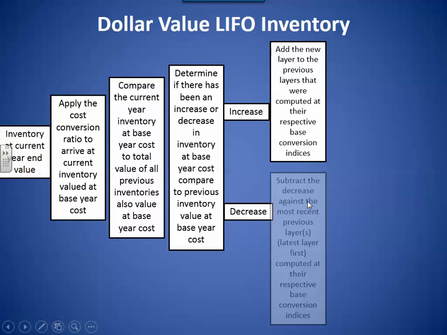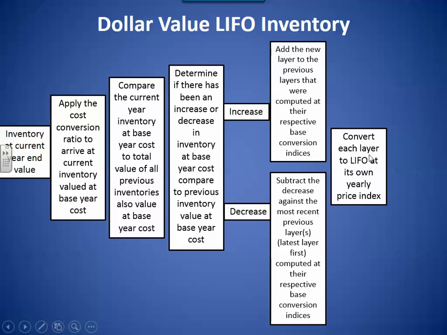If they decrease, we're going to subtract or liquidate against the most recent previous layers. And again, we're doing the most recent previous layers because we're talking about LIFO valuation, again computed at their respective base year conversion indices. So now we're still working in base years.